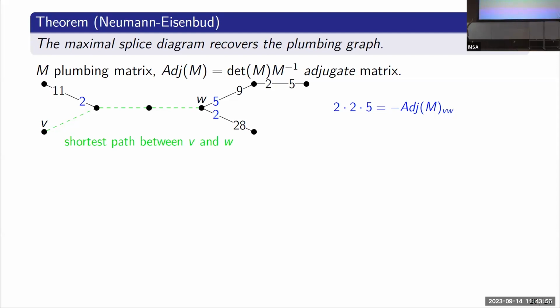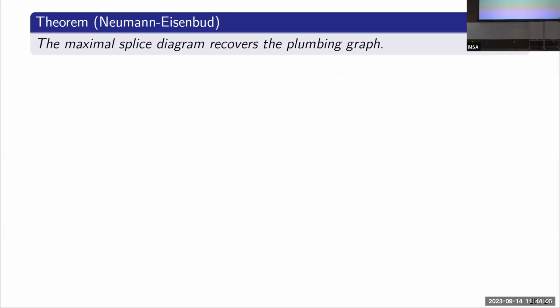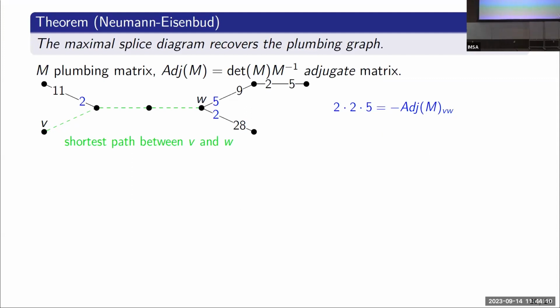We multiply them, and this is the entry of the adjugate matrix. So first we do a bunch of determinants, and then we can get back by looking at all the different paths between two different vertices and multiplying the entries along this path. So I think this is a very nice construction.